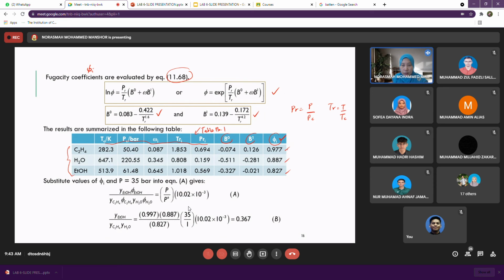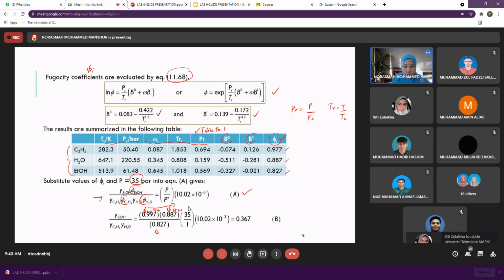So dapat these values. Okay, and then substitute each V dalam equation A tadi. This equation, okay, P 35 bar. Okay, you substitute dalam ni. Okay, yang ni disusun yang each V ni. Okay, you bawa pergi this right side. So yang ni lah. Ini adalah V C2H4. Ini V H2O.